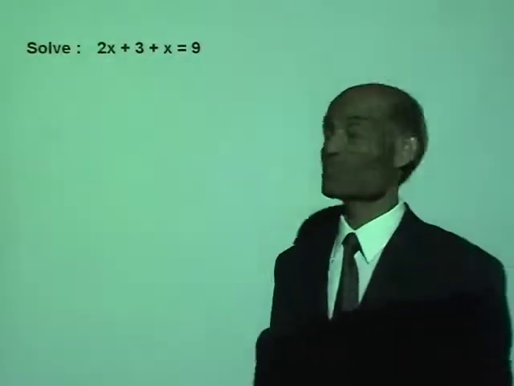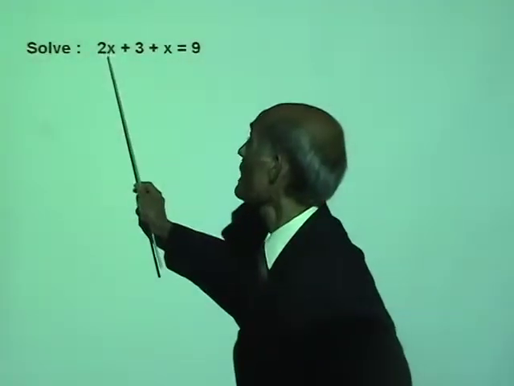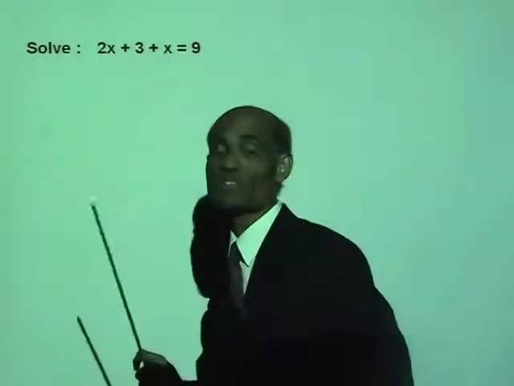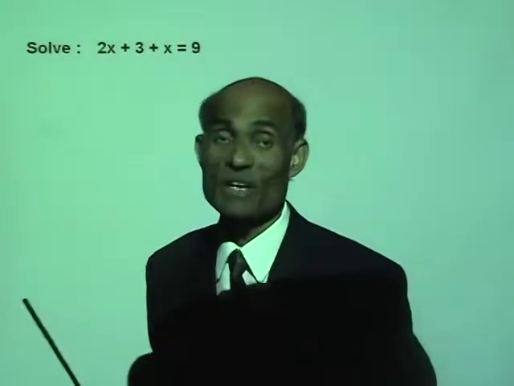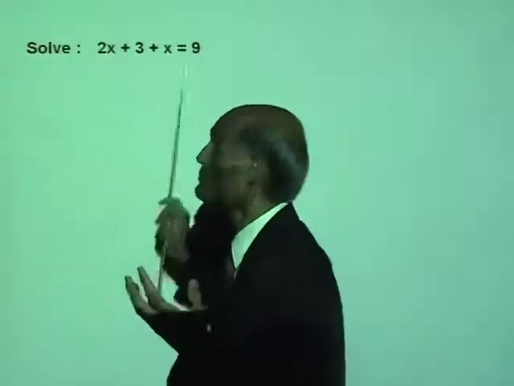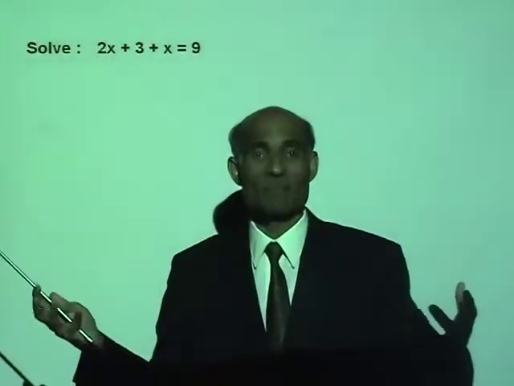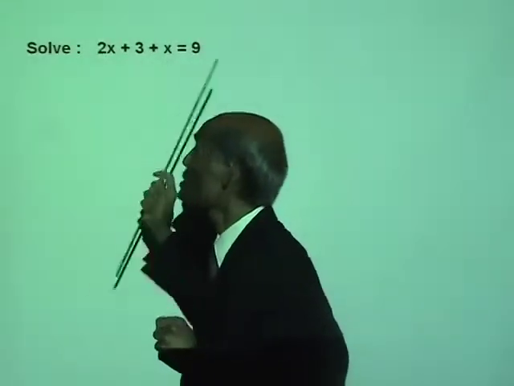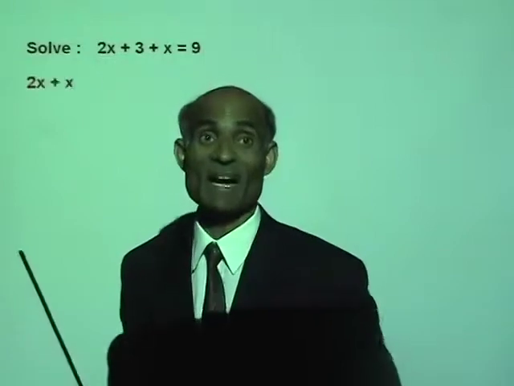Alright, let's practice this. Solve 2x plus 3 plus x equal to 9. Now you notice that each of the terms are simple terms there. So to begin with, we will combine like terms on the left side.